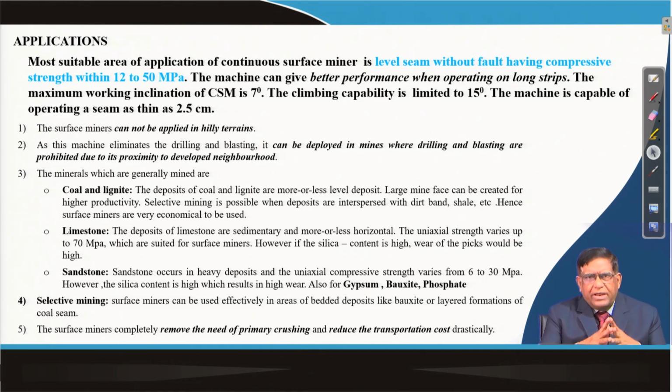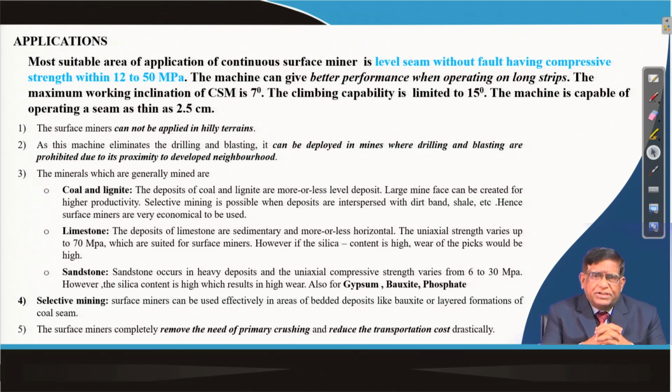Even when they were mined by surface mining, many a time such seams got diluted with the overburden rock, and then a lot of washing problems come in. But this machine, by its method of work, as you will be learning today, can take out small strips separately, it can cut them. So, that is a very good advantage of this machine.